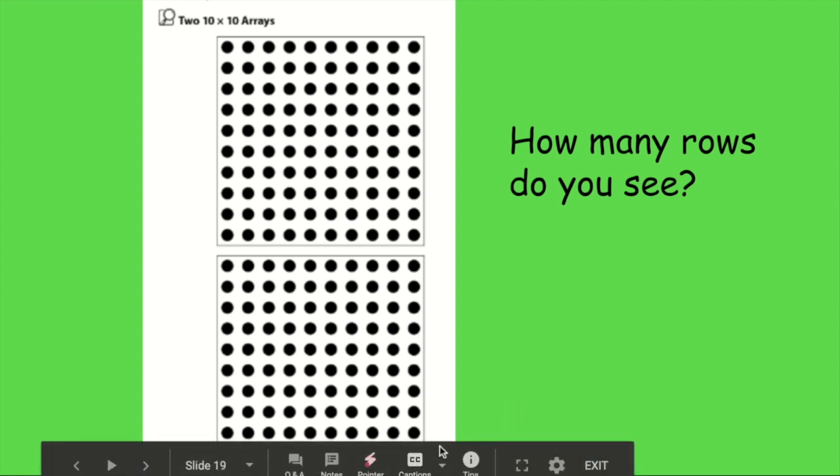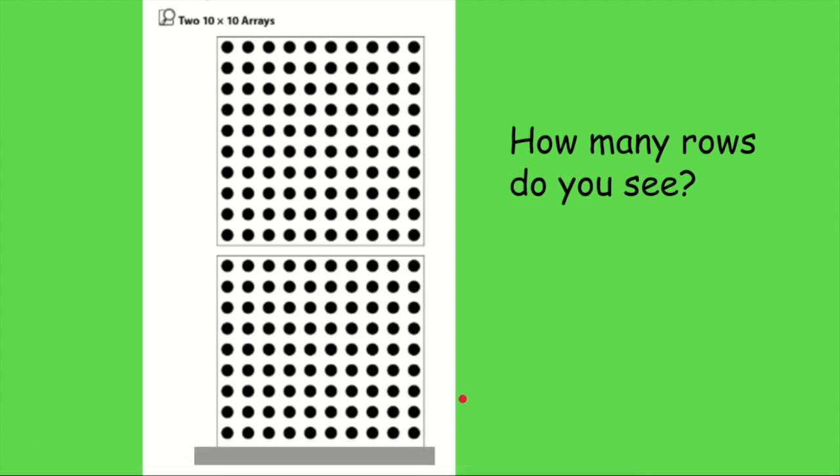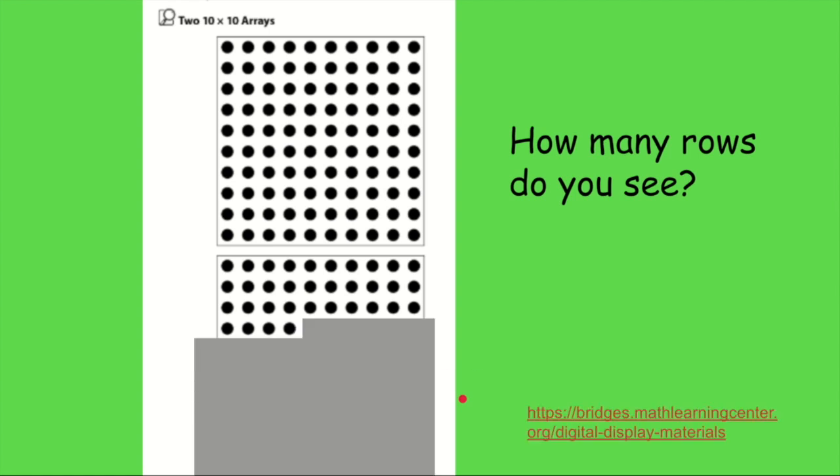How many of you noticed that there was only one row covered? And if I have one row covered and I have two groups of 100, two groups of 100 would be 200. So I'm just going to go back from that. Or you could have counted 100, 10, 20, 30, 40, 50, 60, 70, 80, 90. 190.